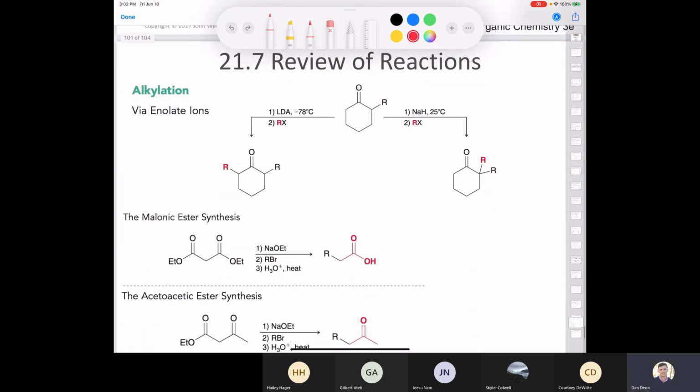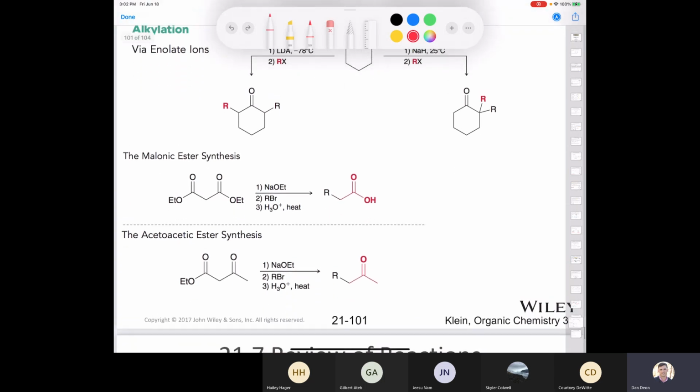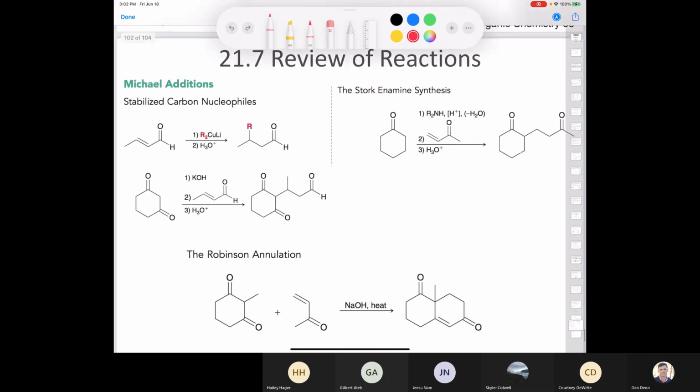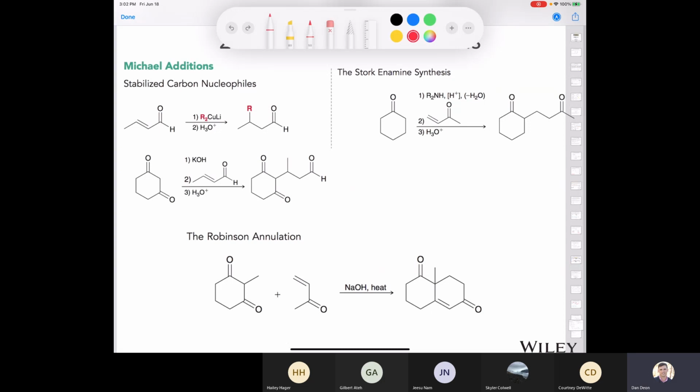We talked about alkylation. So we talked about making a thermodynamic or a kinetic enolate. Talked about that in detail. We did the malonic ester synthesis and the acetoacetic ester synthesis. After that, we looked at Michael additions. So having a stabilized carbon nucleophile like a 1,3-dicarbonyl or a Gilman reagent, for example.